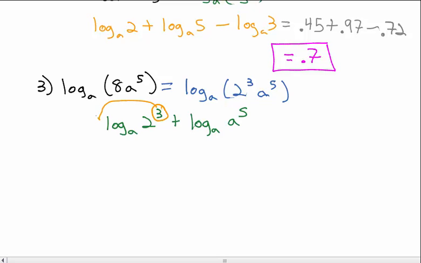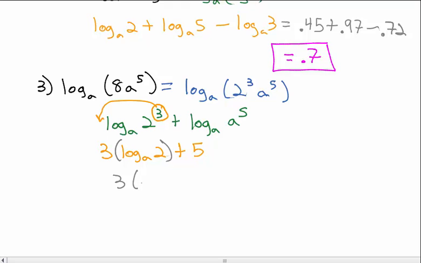Well, we know the 3 can move out front. So we have 3 log base a of 2 plus, we should also know that log base a of a to the 5th is 5, because the base of the log matches the base of the problem, so the solution is the exponent. And so the only substitution that really needs to be made is the log of 2.